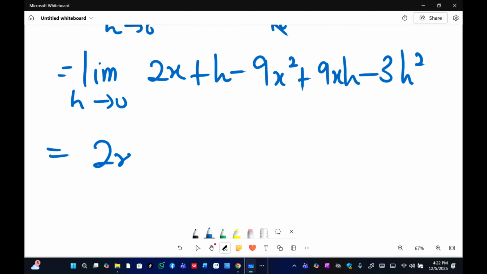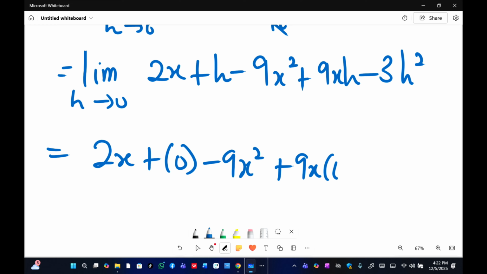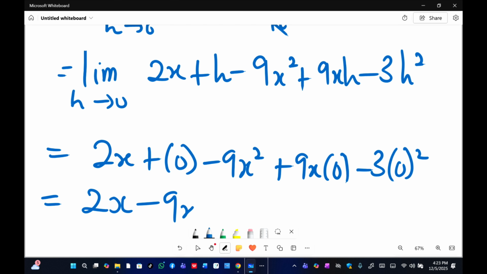So it's going to be 2x plus, wherever you see h, you put a 0 over there, minus 9x squared plus 9x multiplying h to be 0 minus 3, also multiply h, which is 0, all squared. We are going to get the answer to be 2x minus 9x squared, because here is 0, here is also 0, here is also 0.